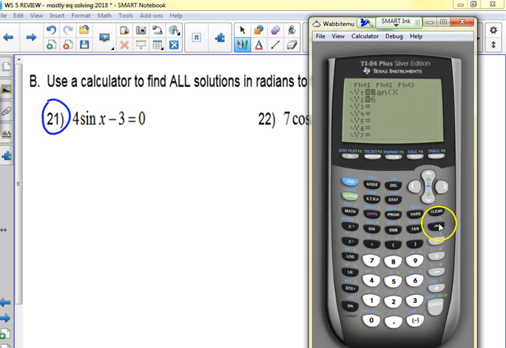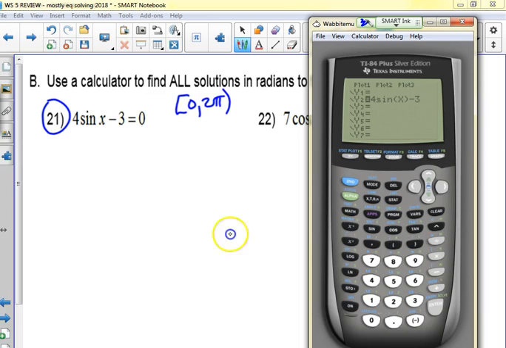So you go to y equals and you type in 4 sine x, or you could do sine x equals 3/4. Do you want to leave it like it is or move it around? Leave it like it is? Okay. 4 sine x, close parenthesis, and then a -3. I'm going to tell you that the one on the quiz says this.